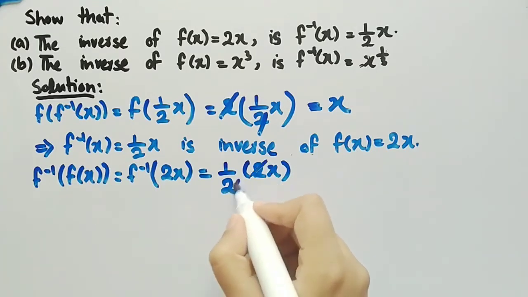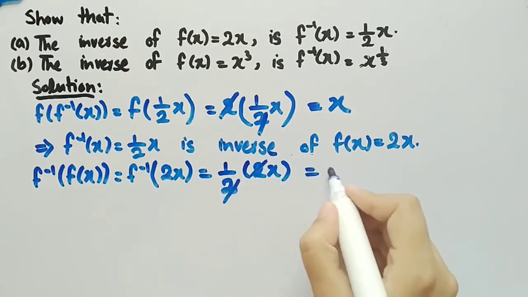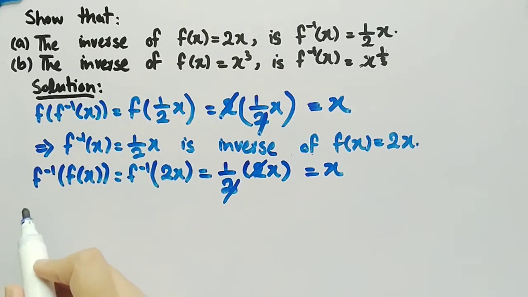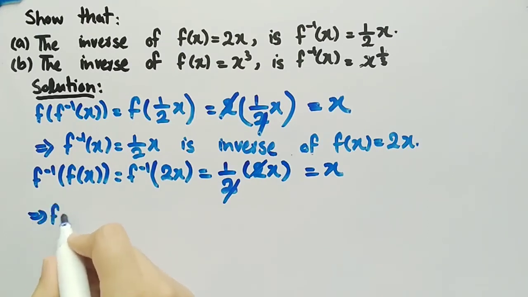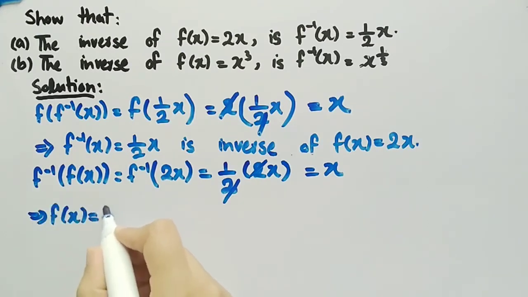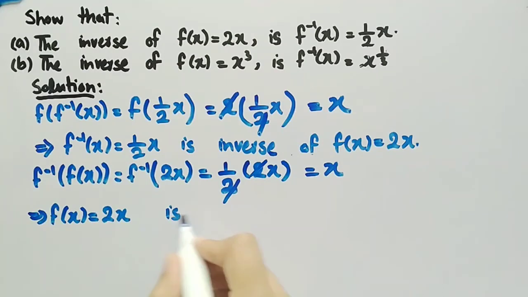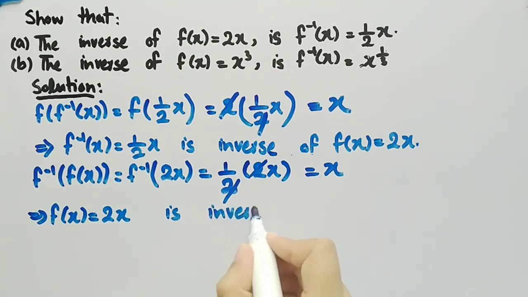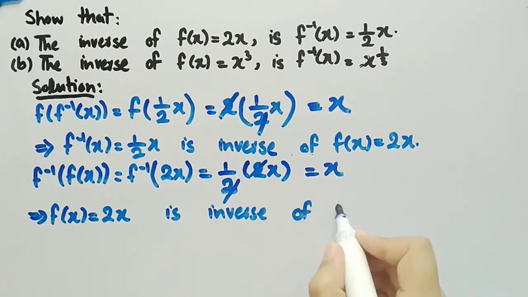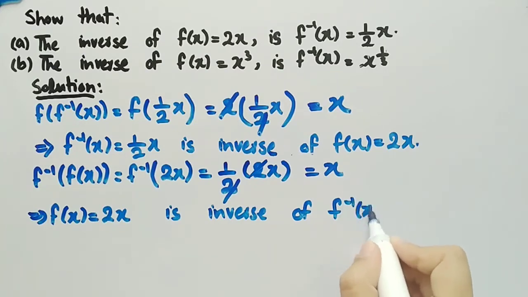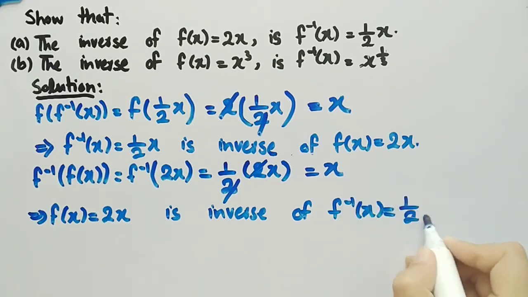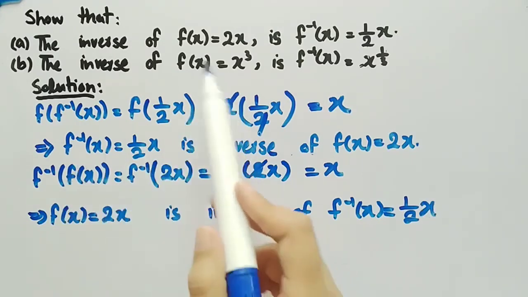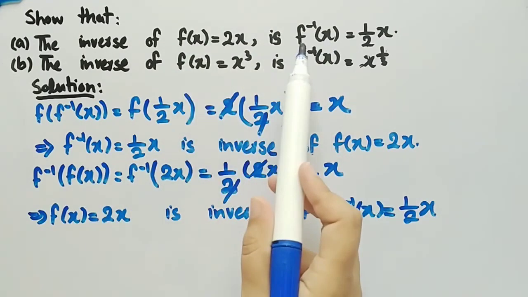This 2 will be cancelled out by this one, and we are left with x. Here we have shown that f inverse of f of x is equal to x, which implies f of x equal to 2x is inverse of f inverse of x equal to 1/(2x). So here both functions are inverses of each other.